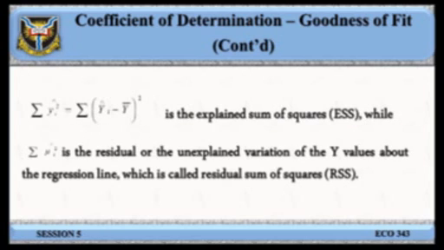Summation yi estimator squared, which is equal to summation (yi estimator minus y bar) squared, is the explained sum of squares, ESS, while summation μi estimator squared is the residual or the unexplained variation of the y values about the regression line, which is called the residual sum of squares, RSS.